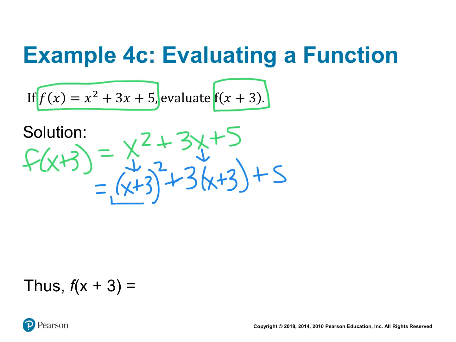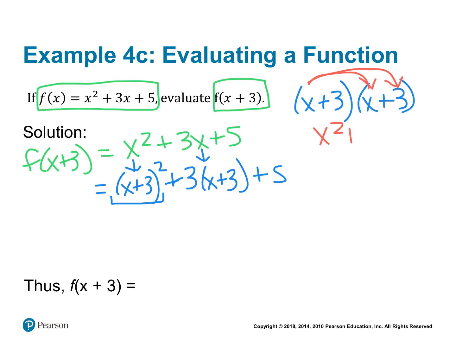So you have to be careful here. Remember, this is a binomial times itself. So you're going to need to FOIL this or do double distributive. So that would be x squared plus 3x plus 3x plus 9, or x squared plus 6x plus 9.